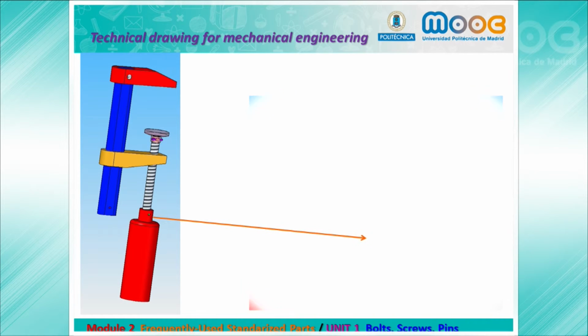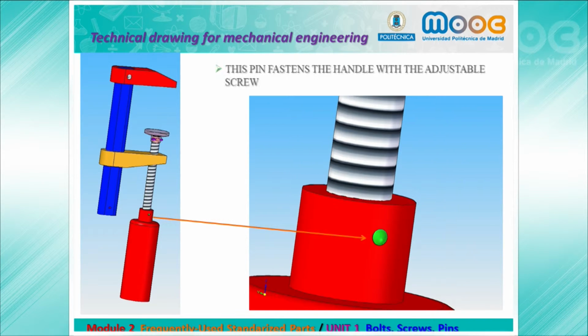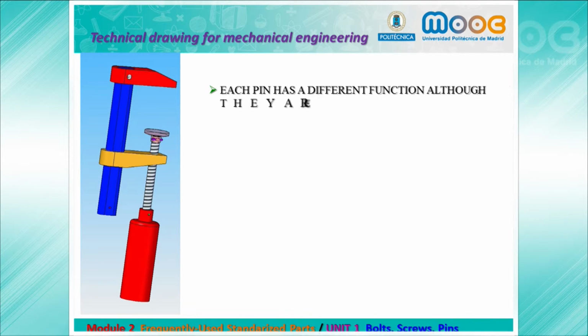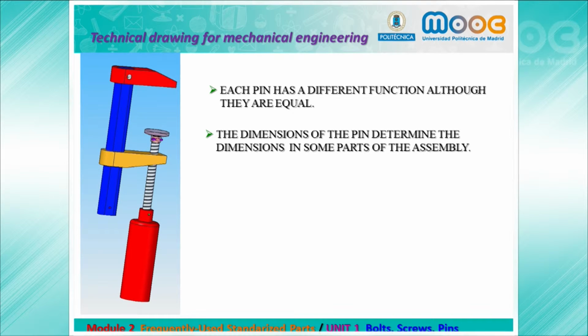And finally, this pin fastens the handle with the adjustable screw. So each pin has a different function, although they are equal. The dimensions of the pin determine the dimensions in some parts of the assembly.